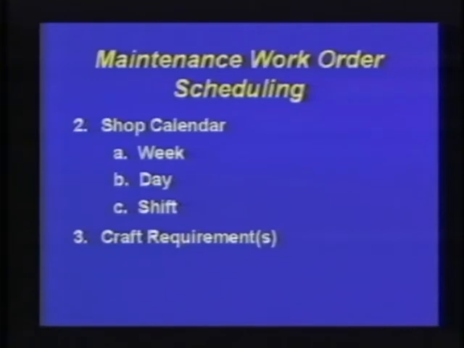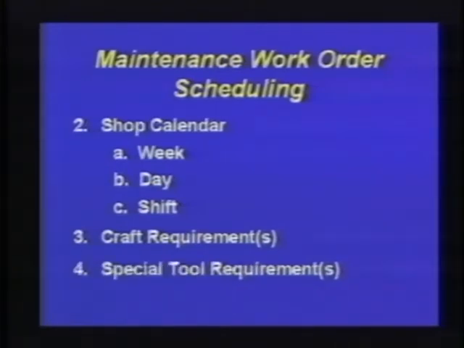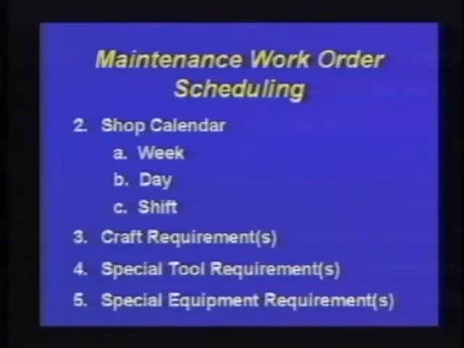Now that's the labor portion, and the item 4 on page 2 would reflect any special tools and equipment requirements that the craft person or craft people would require for the job.